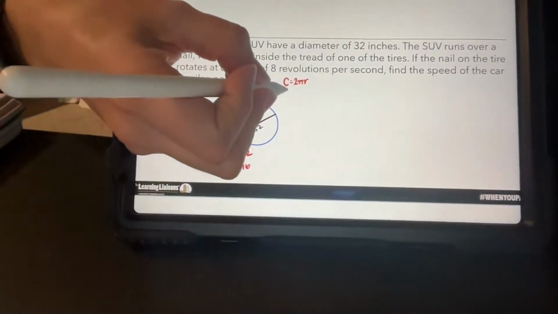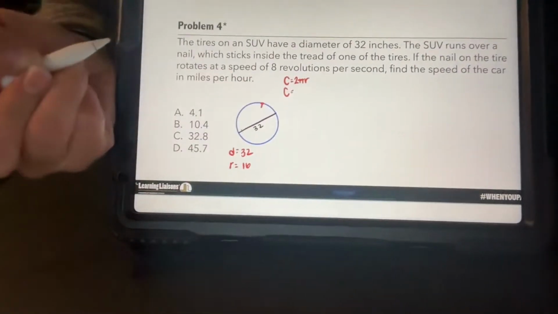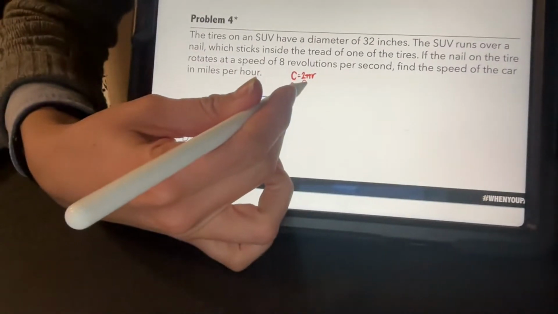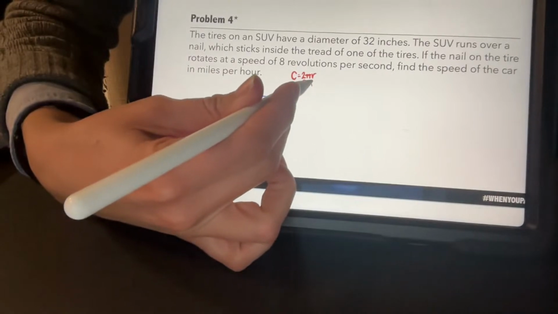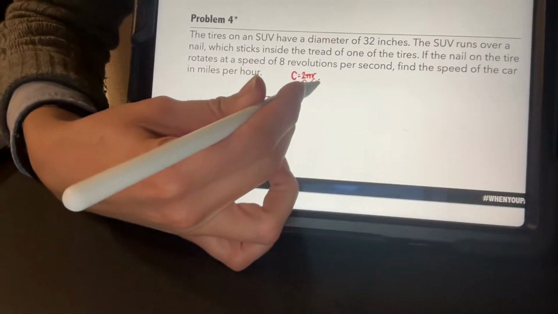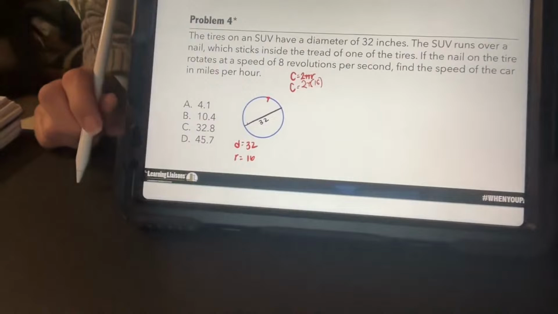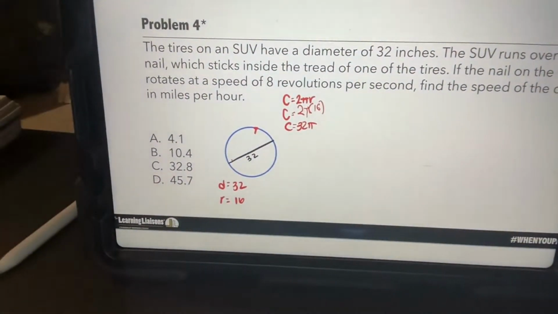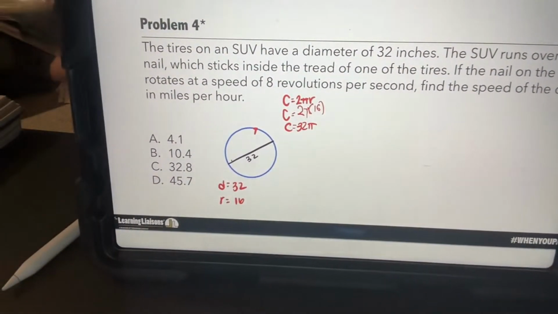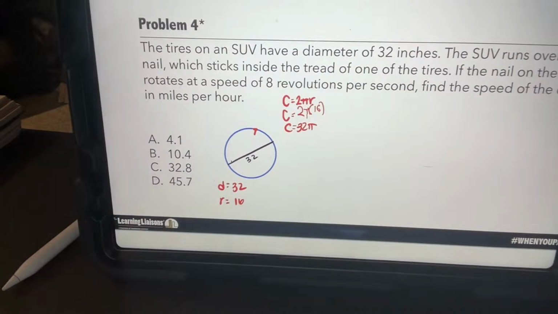So circumference is going to equal 2 pi times 16. Well, 2 pi times 16 is going to be 32 pi.